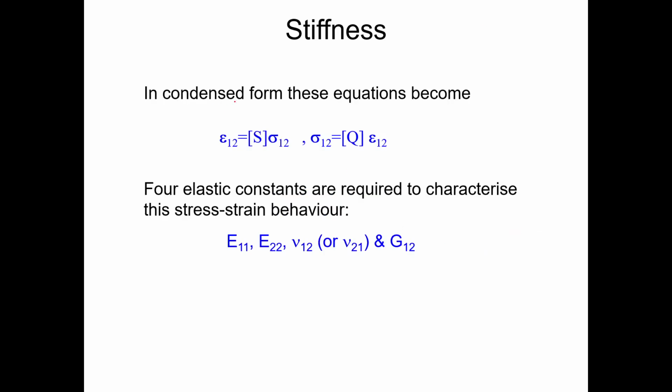In a condensed form, this equation becomes epsilon 12 equal to S times sigma 12, and sigma 12 is equal to Q times epsilon 12. Four elastic constants are required to characterize these stress-strain behaviors: E11, E22, nu12, and G12.